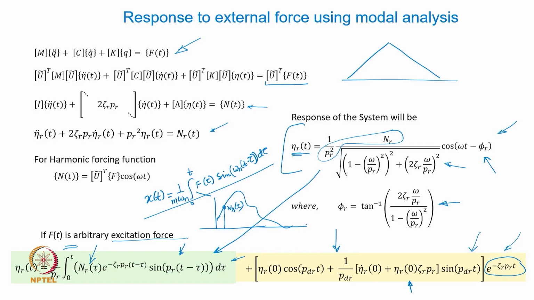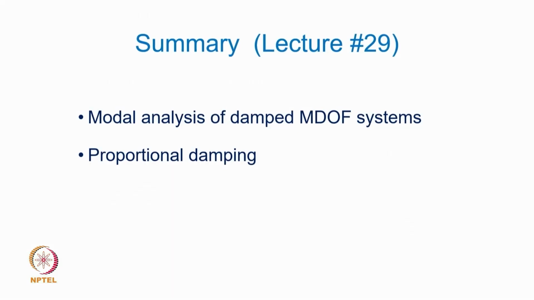So, if you can express eta r of tau in terms of some mathematical expression which can be integrated, then this entire term you can get as a mathematical expression. Once you get that, getting q of t at any instant of time is not going to be a problem.